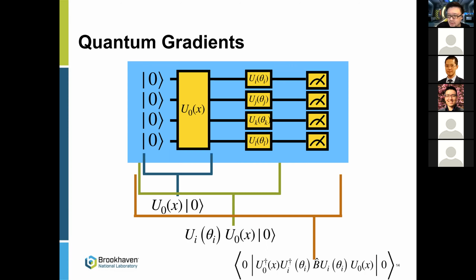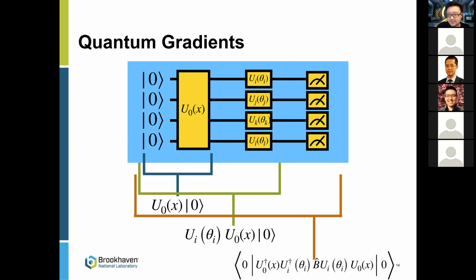Then we go through the variational parts, say U_i. Okay, we only consider one of the operators. We pretend that the other three are not there for simplicity. And then finally, we calculate the observable to get the expectation values or the measured results.